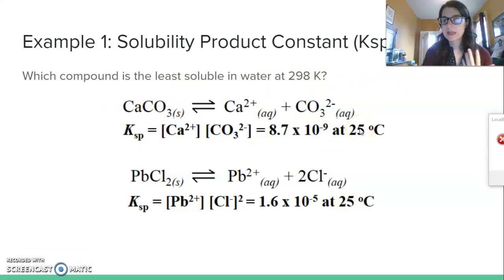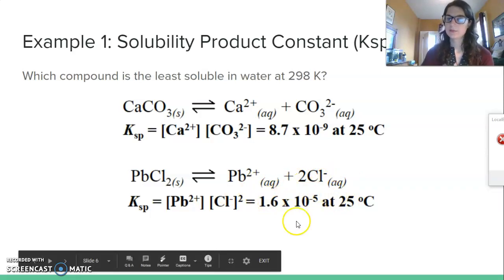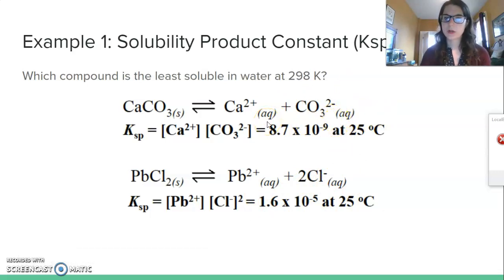I'm also going to take a second and think, how many ions does it break up into? Calcium carbonate breaks up into 2, lead(II) chloride breaks up into 3, but since the calcium carbonate Ksp is a smaller number and it breaks up into fewer ions, I'm very confident in saying that calcium carbonate is less soluble in water. So usually if they only give you that information, it's good to go off of.